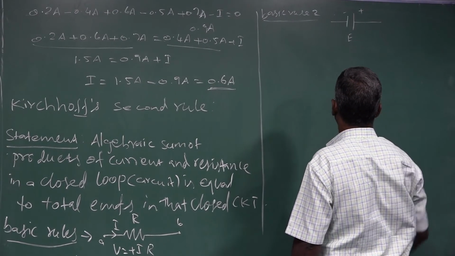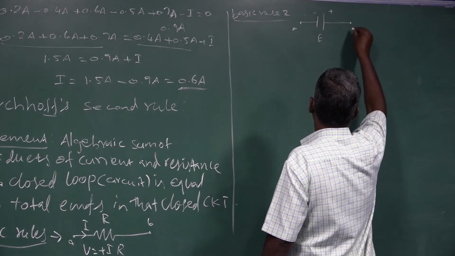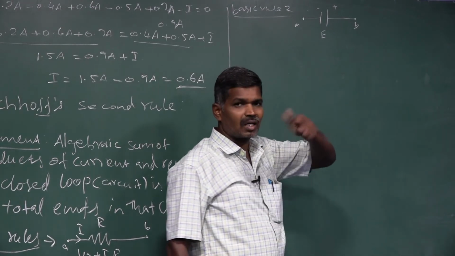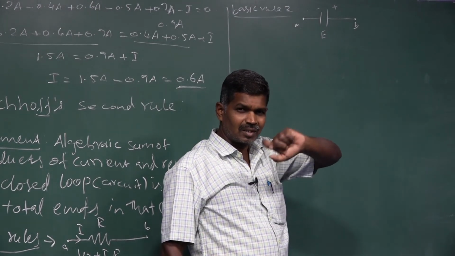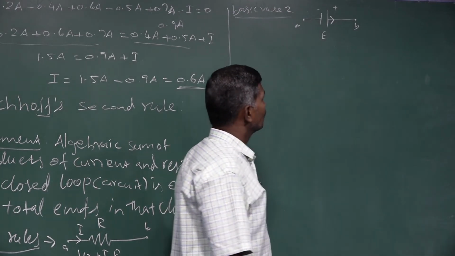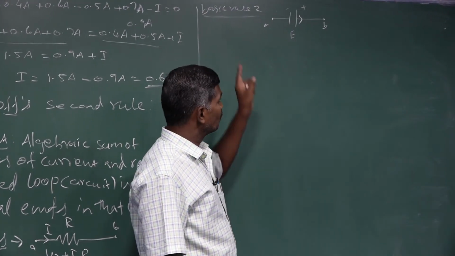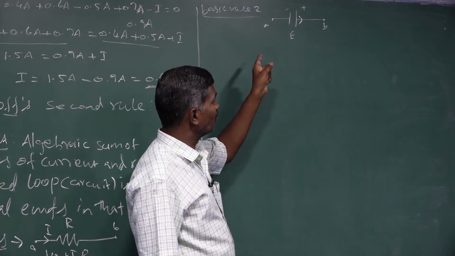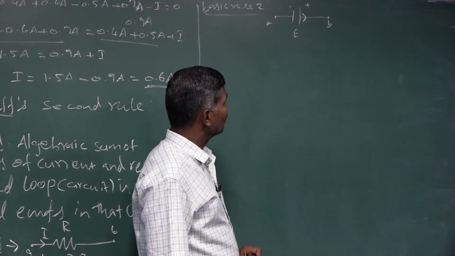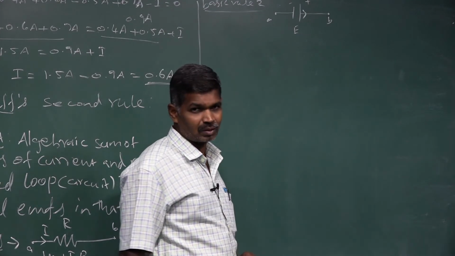The EMF of the cell can be taken as E. The ends may be represented as A and B. Actually, the current externally supplied by that cell is in this direction. Now we move from A to B. From A to B means first the negative polarity, next the positive polarity. If you move like that, we move in the same direction that the cell is supplying current.